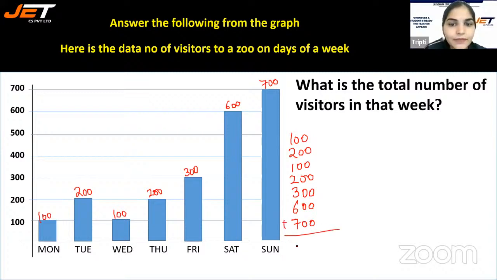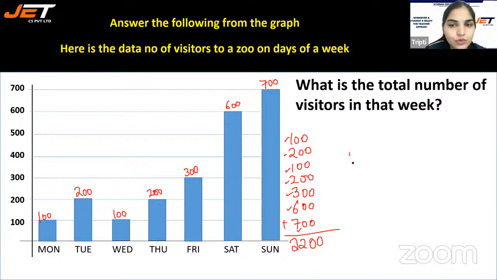Let's add: 0, 0, 7, 8, 9, 10, 11, 12, 13, 14, 15, 16, plus 6 is 22.